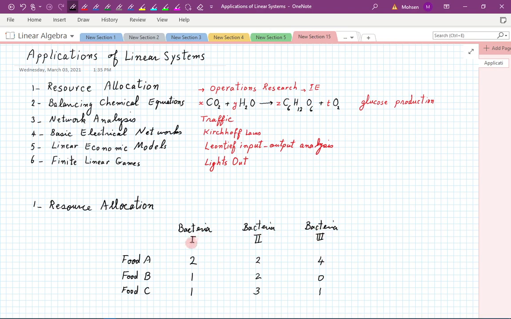There are certain bacteria, they eat certain types of food, and we are measuring how much of these things they need every day. And so this is presumably like one petri dish, or a certain number of units of this bacteria eats this many units of food A.